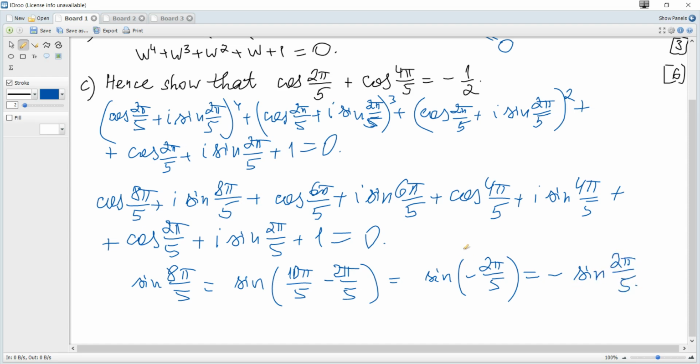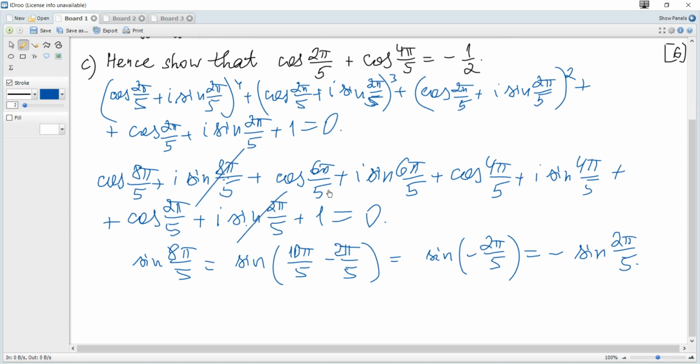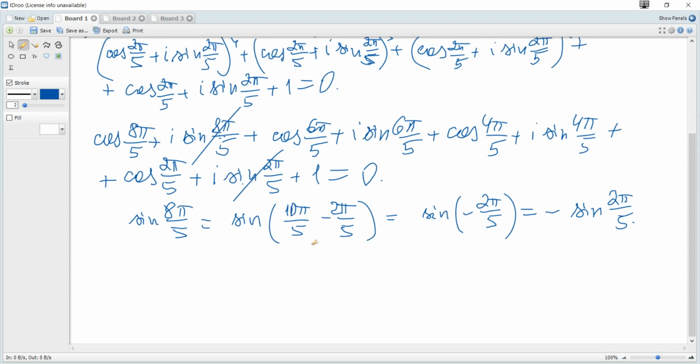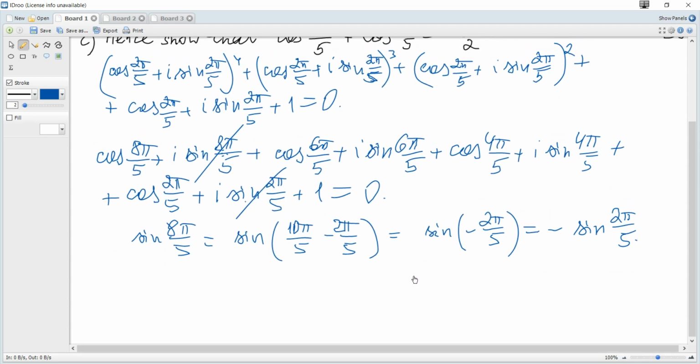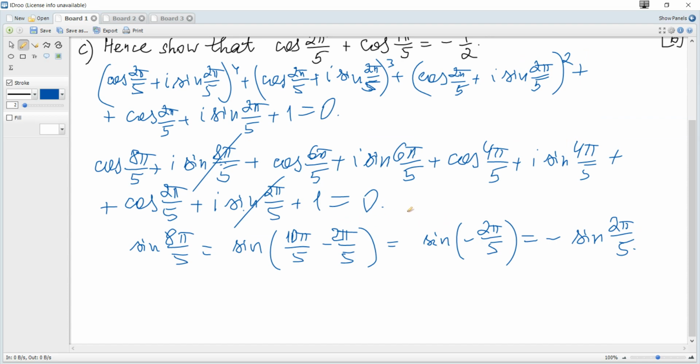Odd function means the function of negative x is minus f of x. For an even function, the function of negative x is f of x. Cosine is even, while sine and tangent are odd. So we get that this is minus this, so these terms cancel. Then you can guess that we get the same for the other two terms with i.